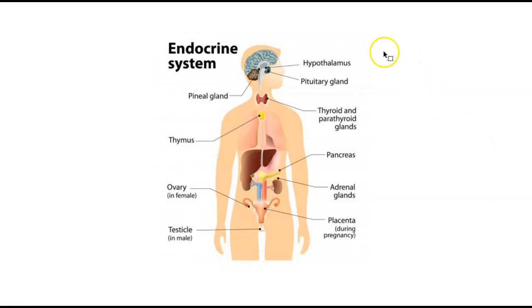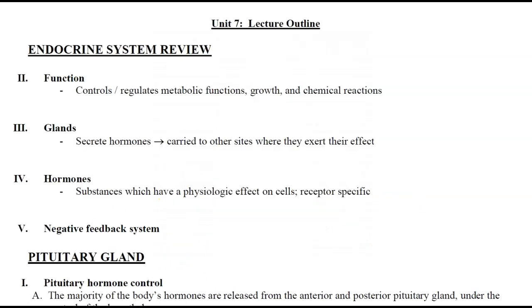As you can see here, you have the hypothalamus, pituitary gland, pineal gland, thymus, thyroid and parathyroid glands, pancreas, adrenal glands, placenta during pregnancy, ovary, and testicle in males. These glands produce or secrete hormones. Hormones are substances which have a physiologic effect on cells and on receptor sites.